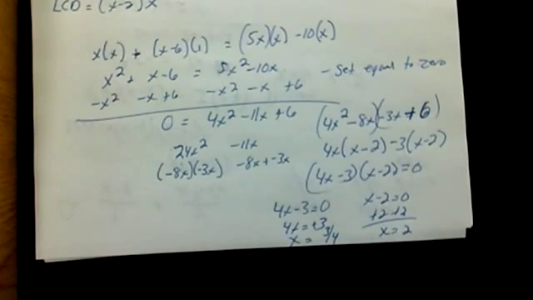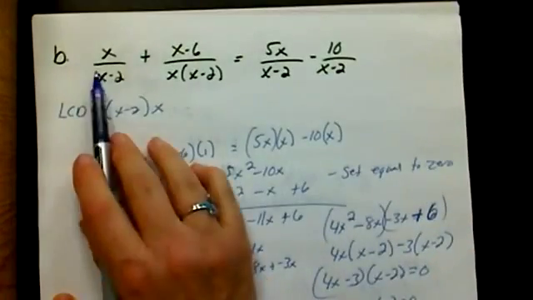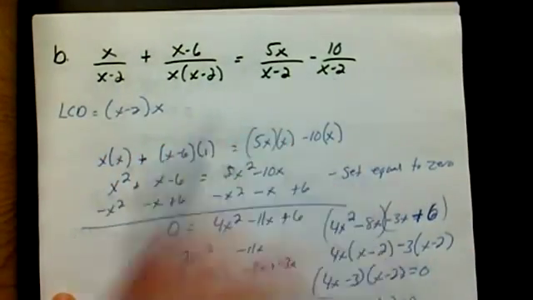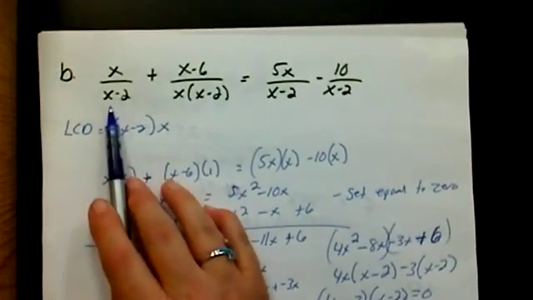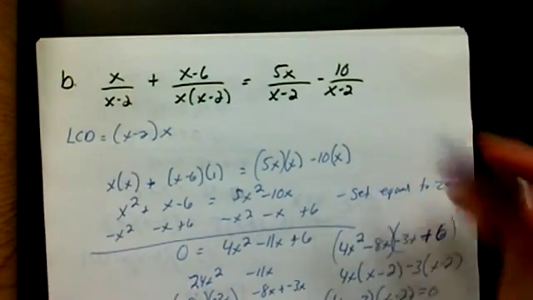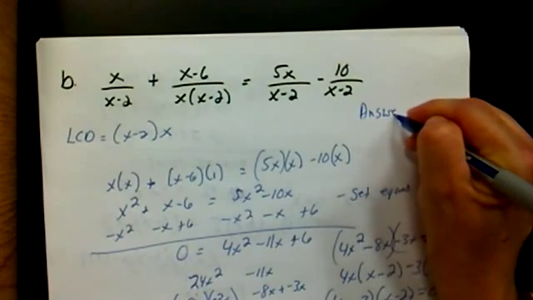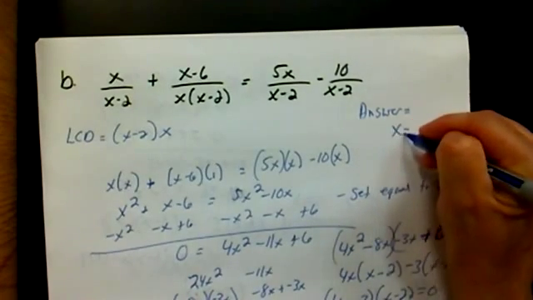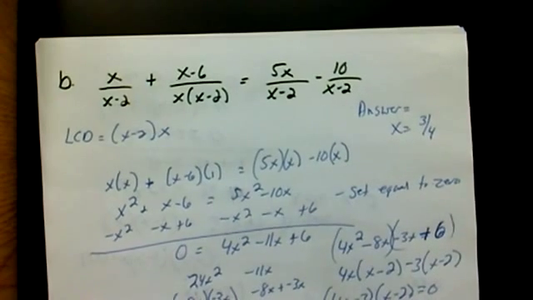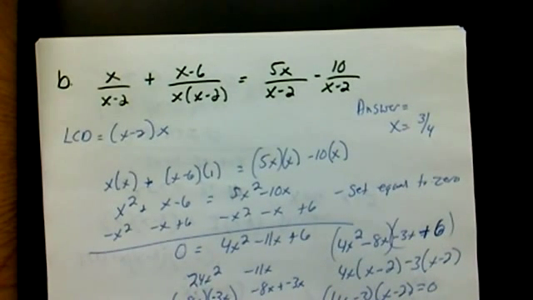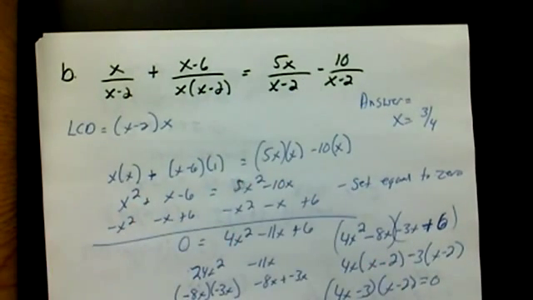Can I use both? 3/4 is not going to make my denominators ever become 0, but 2 will. Okay? So the answer is x equals 3/4. So I cannot use the x equals 2 because it makes a restriction in there. So I'm restricted because x can never equal 0 or x can never equal 2. So you've got that restriction happening in there.